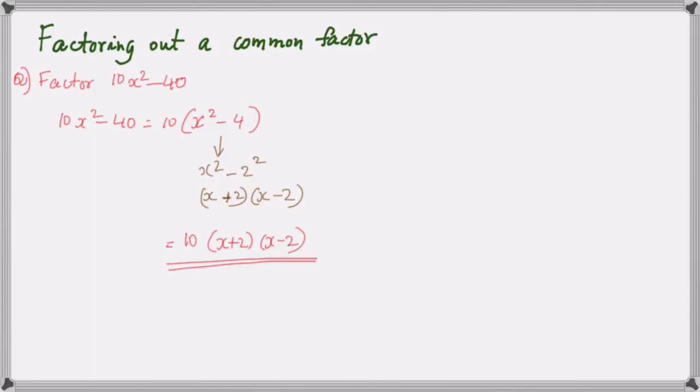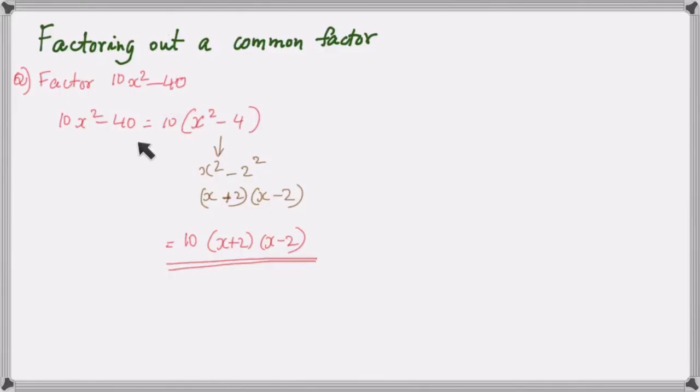Now take a look at this question. This is a slightly different question. You cannot write this in the form of a square minus b square, right? But what you can do is extract the common factor out, okay? So here the common factor is 10.